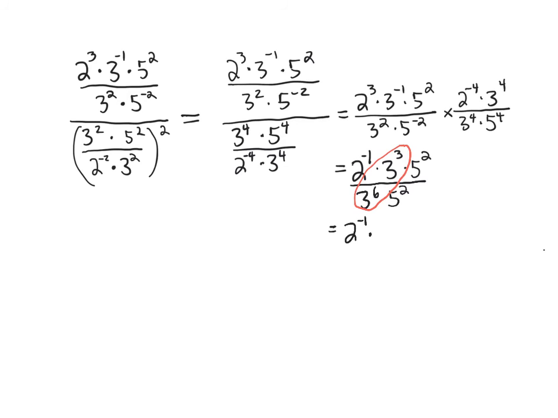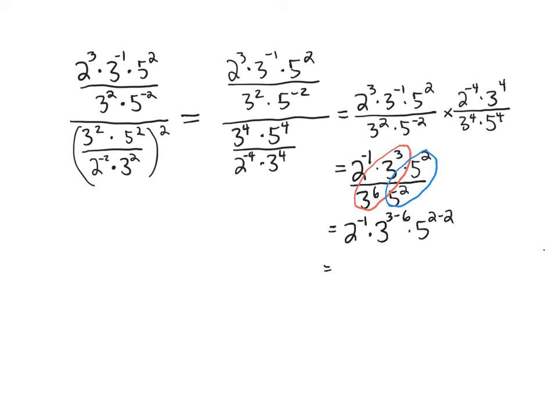How many threes do we have left? Well, we're going to cancel out 3 of them. So it's going to be 3 to the 3 minus 6. And here we have 5 squared over 5 squared, so it's 5 to the 2 minus 2. That is this bit here.